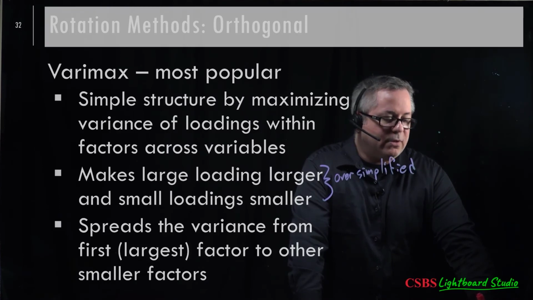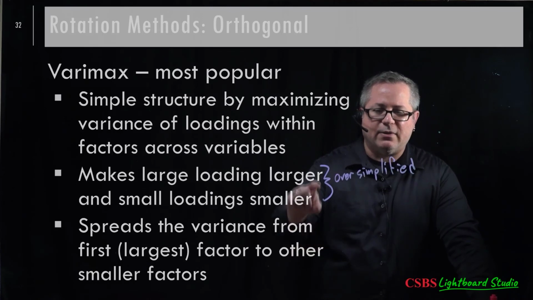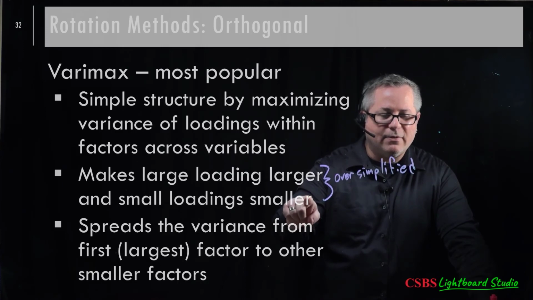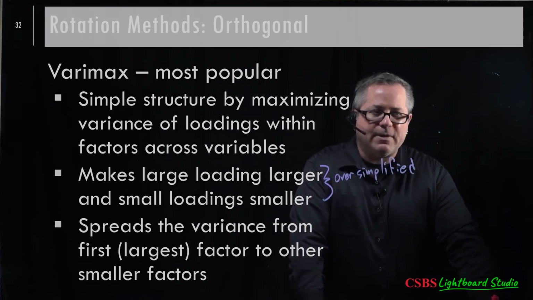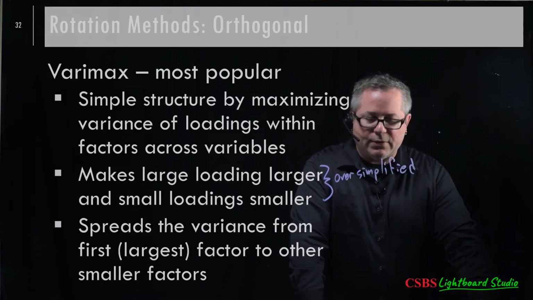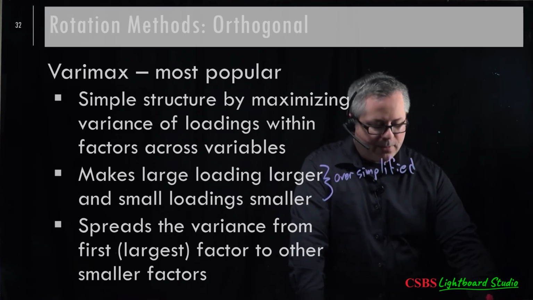It should help to differentiate which items go with each factor, which is why this sounds correct. Makes large loadings larger and small loadings smaller on the items, but it's still a little more complex than that. It's trying to make everything clearer, what items go with what, while spreading the variance across the factors. All right.